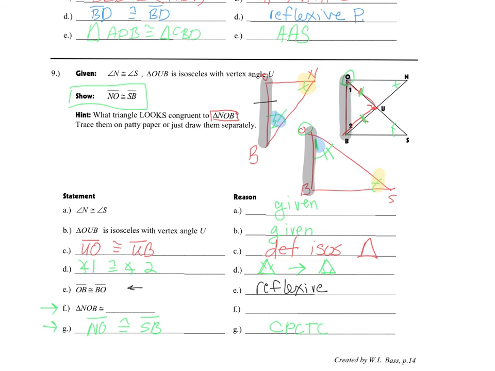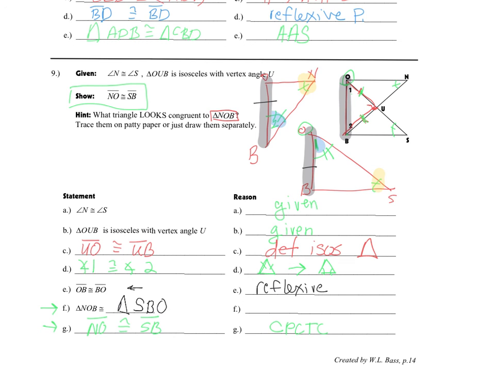And so we have this to this. And so if we look at this, that will now give us enough information to say that triangle NOB is congruent to triangle SBO.